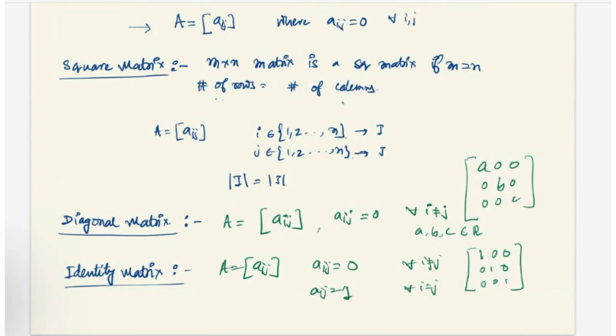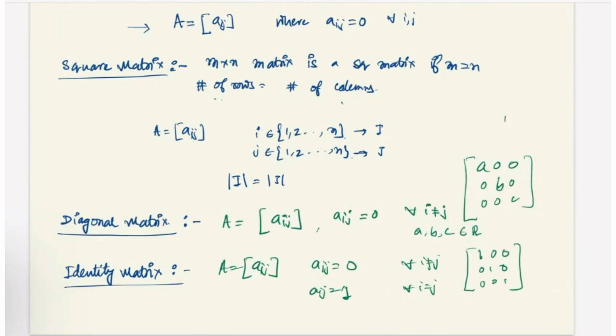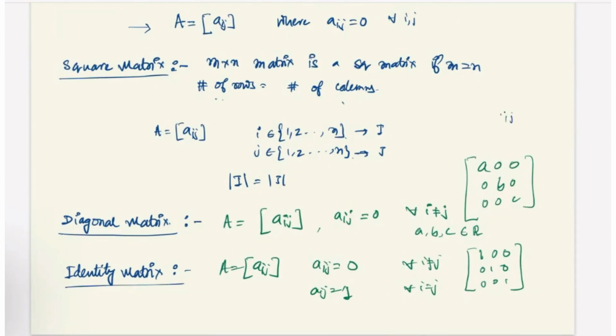If you have a square matrix, you can index all the entries by i and j. i means row, j means column. i can go from 1 to the number of rows, say n, and j can also go from 1 to n.